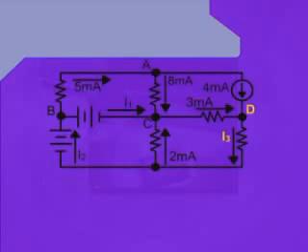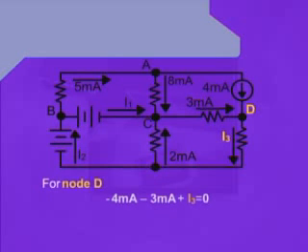For node D, we can see that 2 currents, 3 milliampere and 4 milliamperes, are approaching the node D, whereas another unknown quantity of current, I3, is leaving the node D. Therefore, we can write the equation as minus 4 milliamperes because this is approaching node D from the independent current source, minus 3 milliamperes.